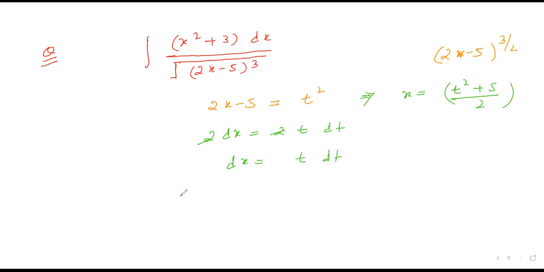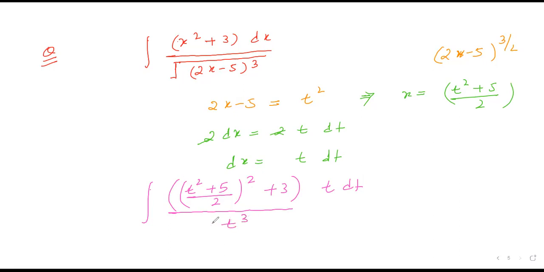Now you can change the variables very easily. So you can write this overall integral as x square means ((t square plus 5) divided by 2) whole square plus 3, and dx is t dt upon t cube.